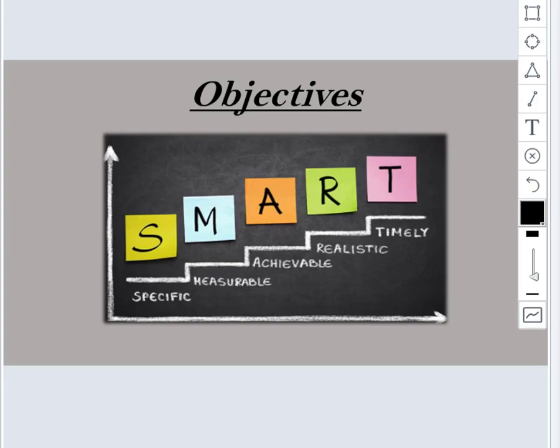So the objectives are going to guide your entire planning process, right? It's really beginning with the end in mind. It's what you want the students to be able to do or accomplish or answer by the end of the lesson. And again, that's going to guide what instructional strategies you select, what assessment strategies you select.